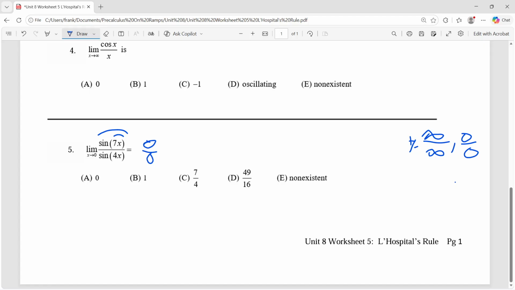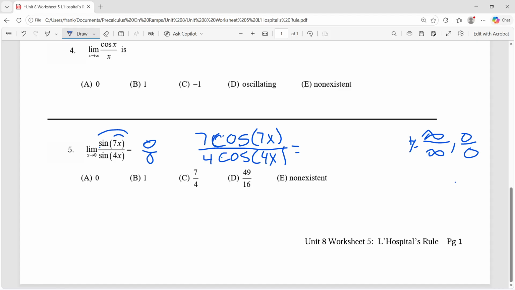The derivative of 7x is 7 times the derivative of sine of 7x, which is cosine 7x. And likewise, derivative of the inside is 4, derivative of the outside is cosine 4x.